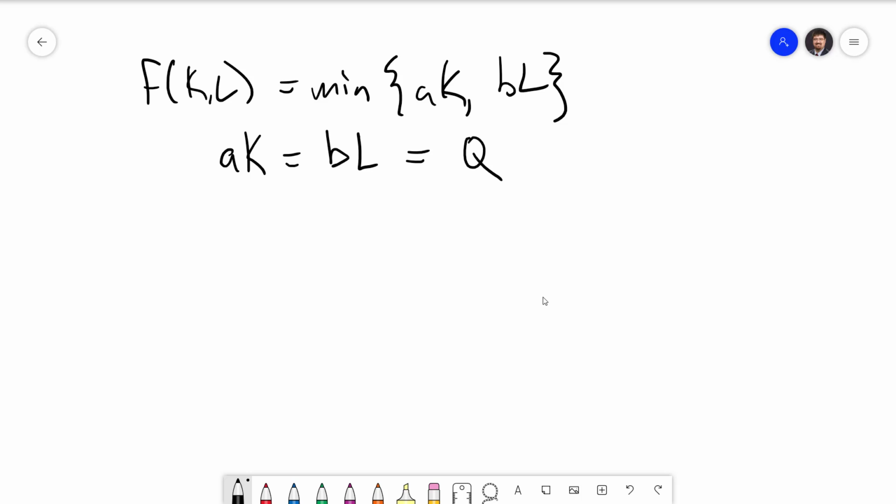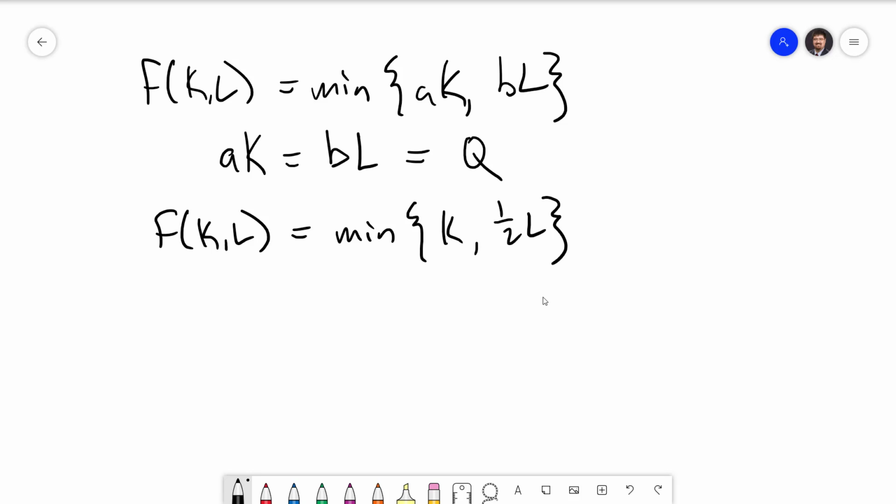In our last video, we showed that the isoquants for the Leontief production function are L shapes, and this basically says that the cost minimizing point is the corner of the L. Let's do our example, which was f of K, L equals the minimum of K and 1/2 L. Suppose we have a wage of 4, rental rate of 2, and a target output of 20.